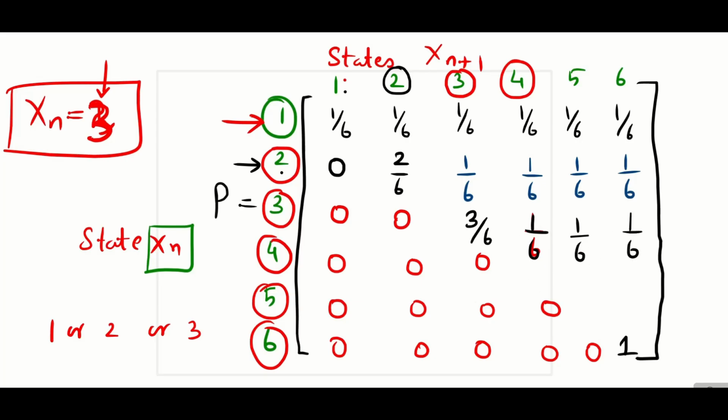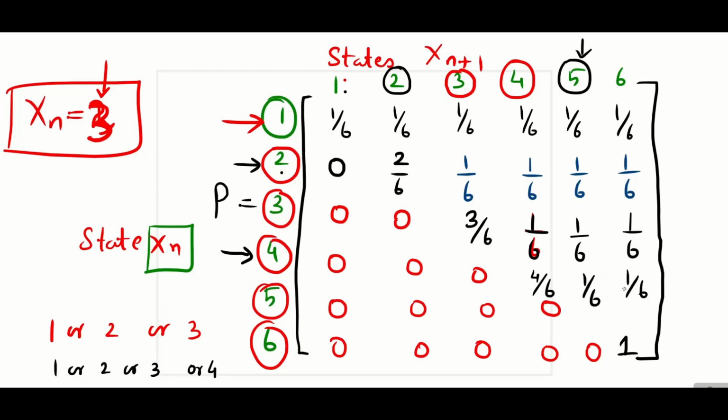And then we can fill the table in a similar way. Similarly for 4, I have a chance of getting either 1 or 2 or 3 or 4 for 4 as the maximum value. So it has the probability 4 by 6 when after n trials the maximum value is 4. The next maximum value being 5 has probability 1 by 6.